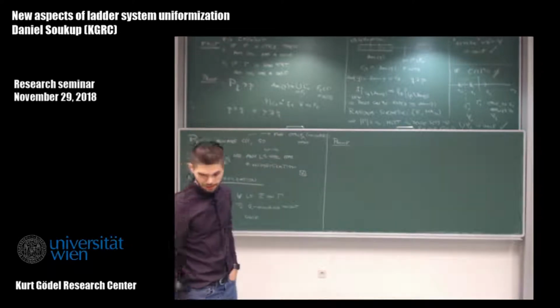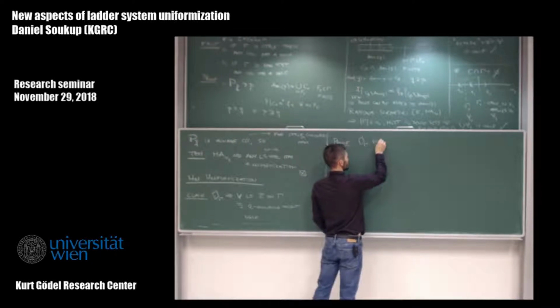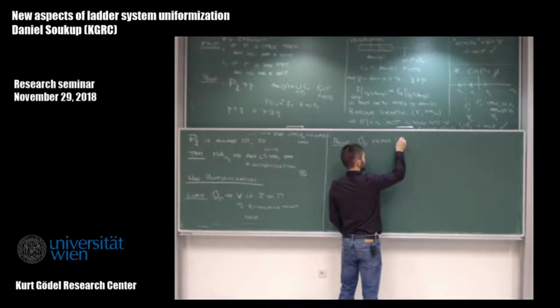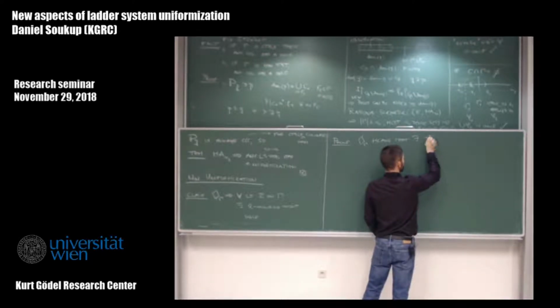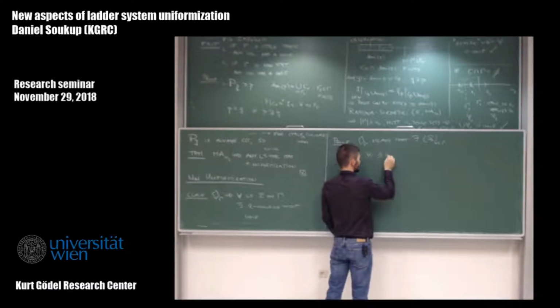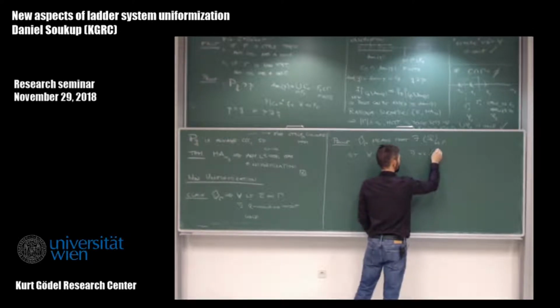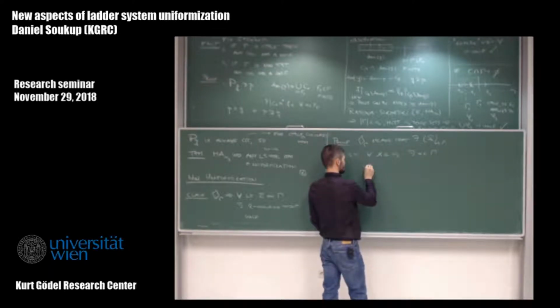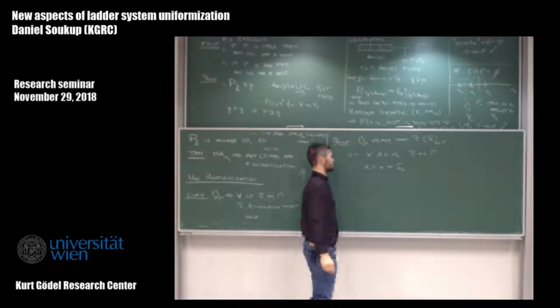Okay, so what is diamond on gamma? This means that there is a guessing sequence S alpha, again indexed by gamma, such that for any subset X of omega 1, there is an alpha in gamma where X is guessed: X intersection alpha is S alpha.